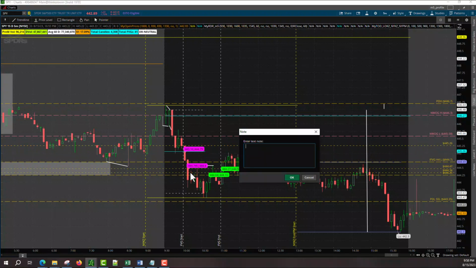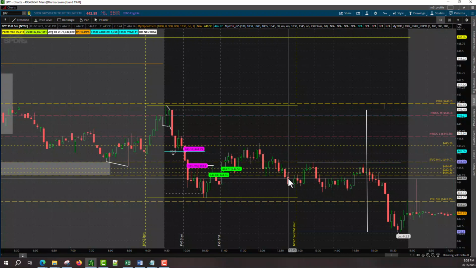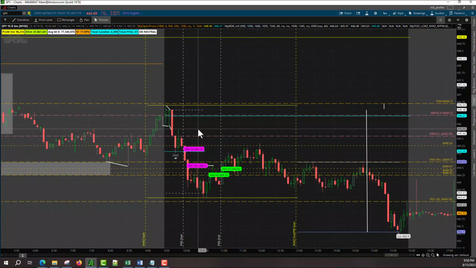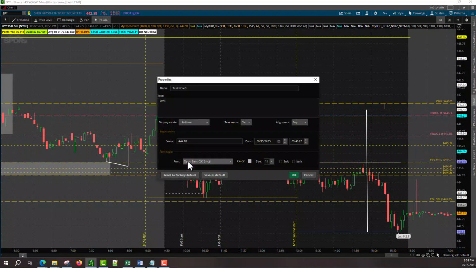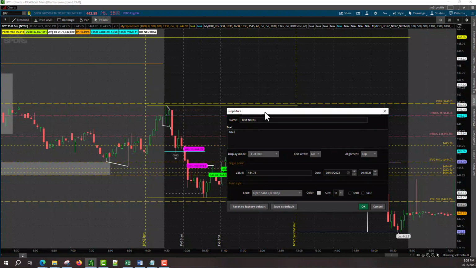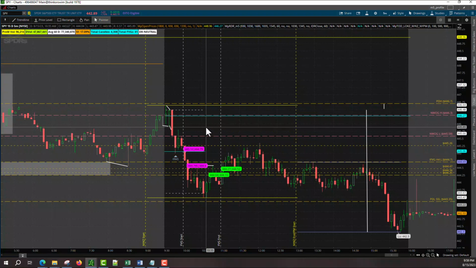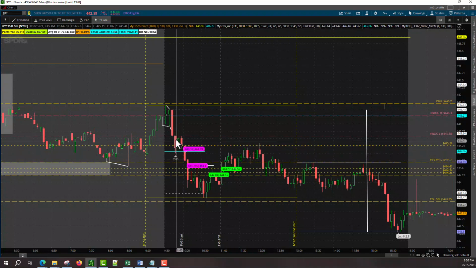So let's get 9:45. Right here, this bearish breaker, which is a swing low right there, and a down close candle.